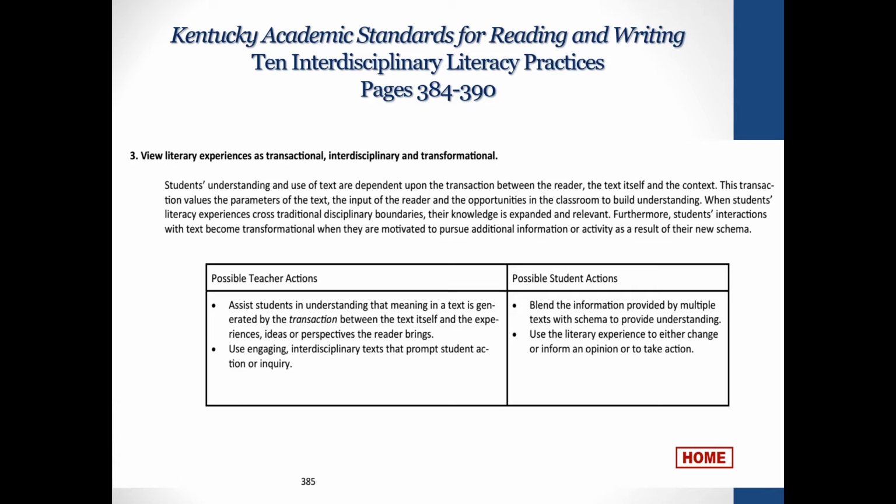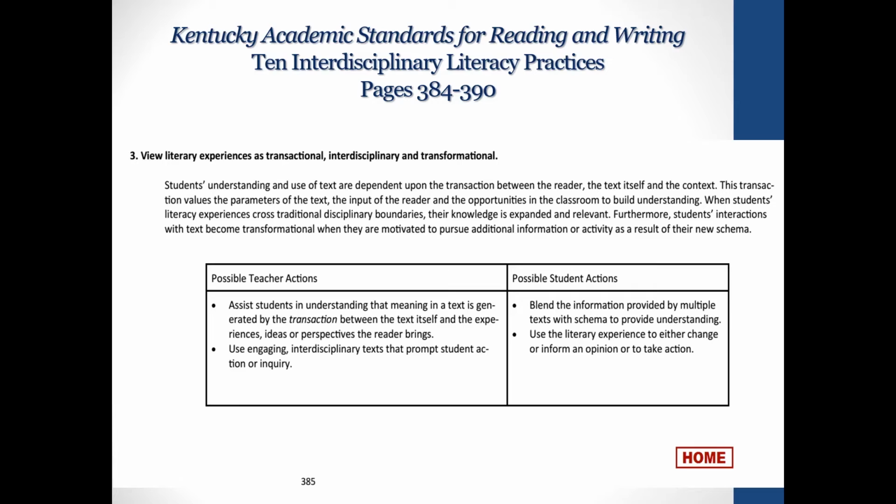And let's look over on the right side, the possible student actions. Let's look at the second bullet. It says, use the literary experience to either change or inform an opinion or to take action.